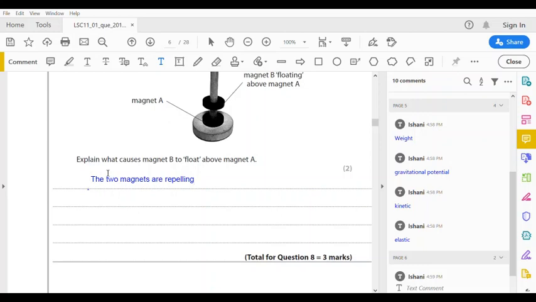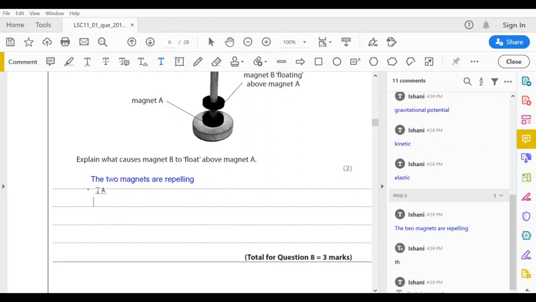In order for magnet B to repel magnet A, the bottom surface of magnet B should also be a north pole. And you can write, if you want, as the next step, that like poles repel each other.